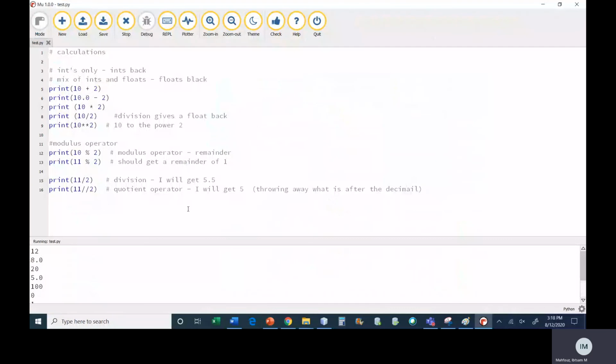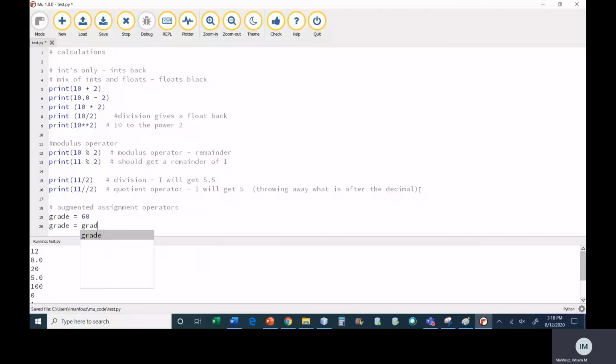So for example, here, this is the augmented assignment operators. Someone got a grade of 60, and I want to give them extra credit.